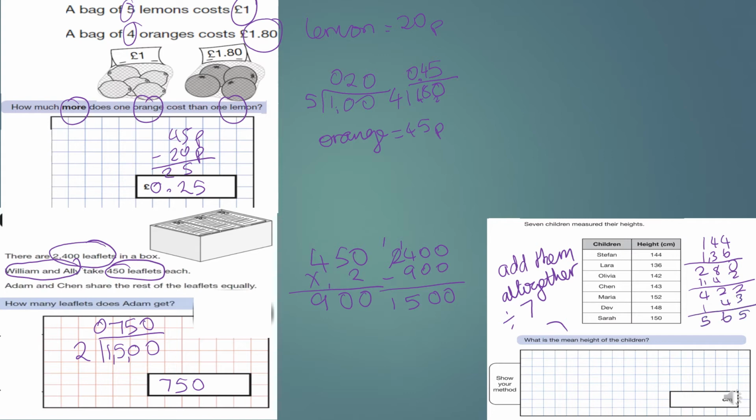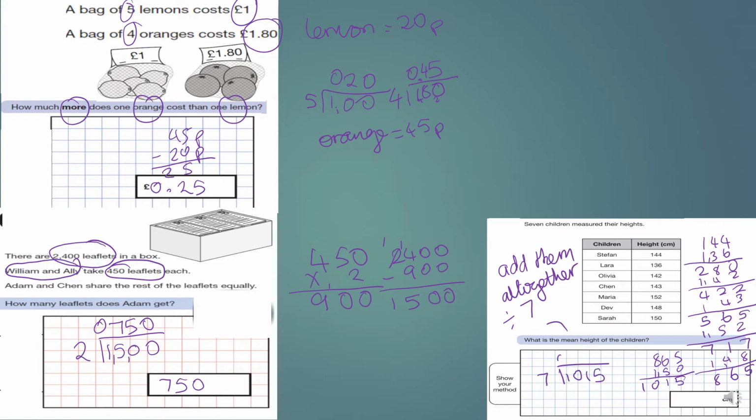Now let's add on 152. 148. And 150. Now we've got 1,015 centimetres, and what we need to do now is divide that by 7.